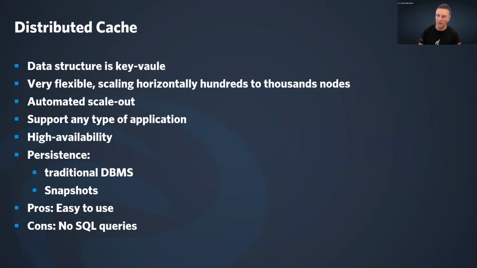It's important to have high availability, and persistence is also provided by distributed caches. Either the persisted data in the relational database that's still used, or in the database cluster, or they create snapshots. So it depends. You can choose the persistence strategy of your distributed cache.